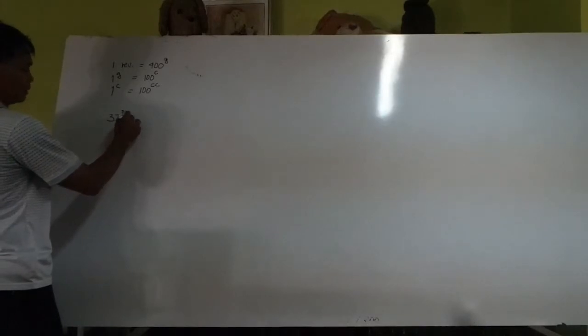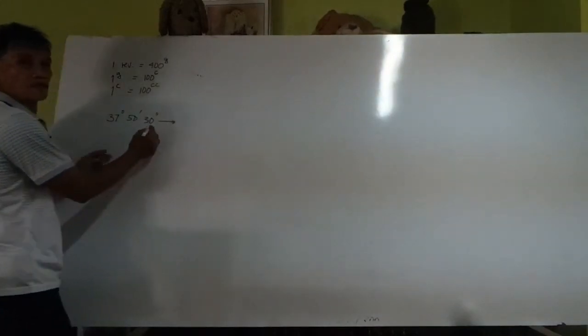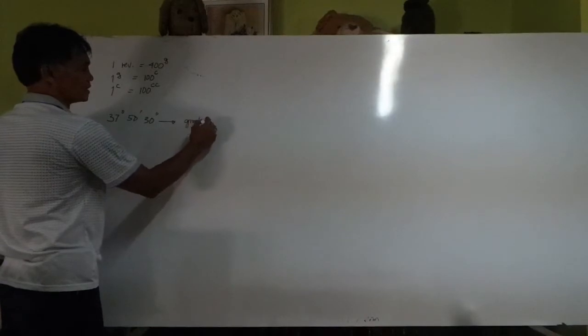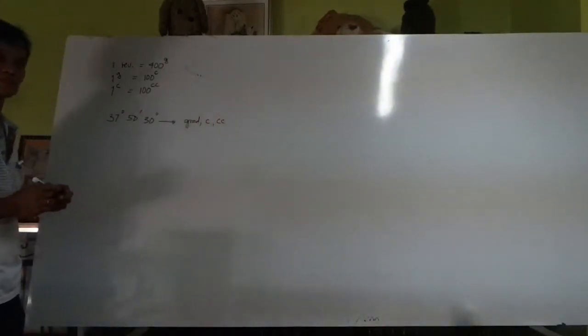Say you have 37 degrees, 50 minutes, and 30 seconds. You convert this to grad, centigrad, and centi-centigrad. How do you do it?